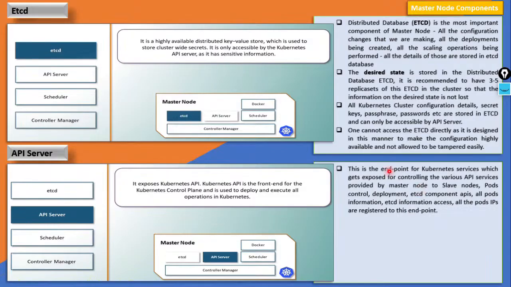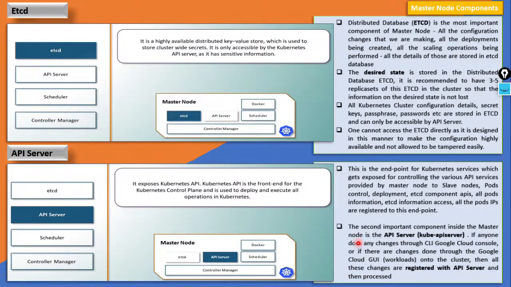That's why it is called the endpoint for Kubernetes services, which gets exposed for controlling the various API services provided by the master node to the slave nodes: pods control, deployment, etcd component APIs, all pods information, etcd information access. All the pod IPs are registered to this endpoint. In fact, whatever you can think of in the Kubernetes cluster is all over here.